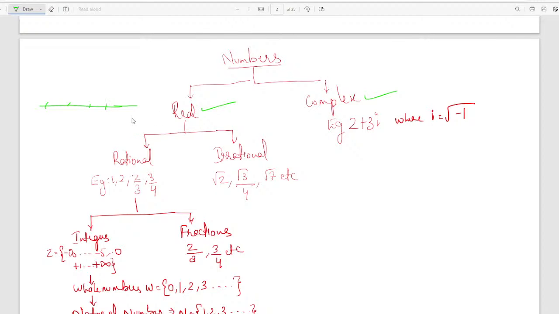These are the real numbers. And complex numbers are the numbers which cannot be represented on a number line. For example, a complex number can be 2 plus 3i, where i is the square root of -1.